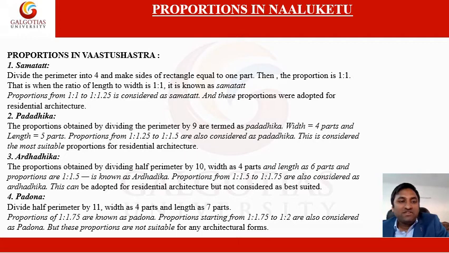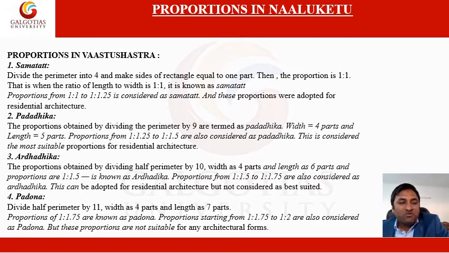That ratio of length and width, 1:1, is known as Samatat. The proportion from 1:1 to 1.125 is considered Samatat, and these proportions were adopted for residential architecture. So in residential architecture they have followed almost square.